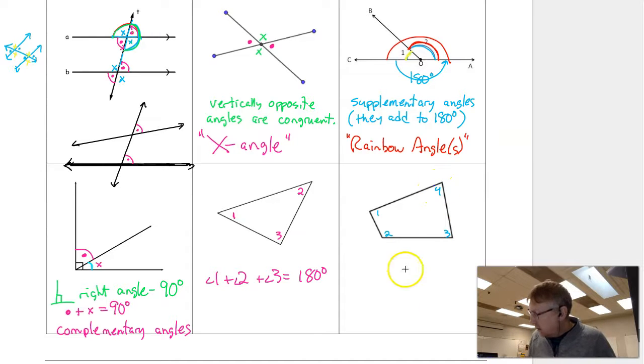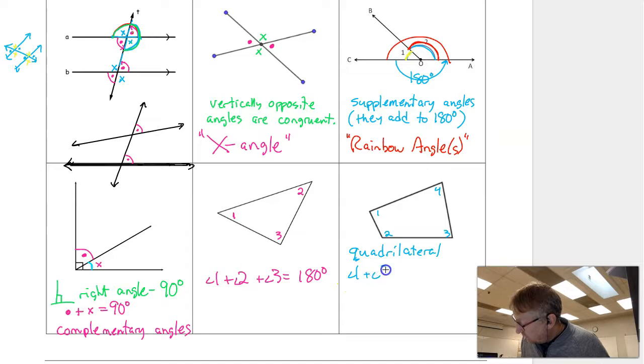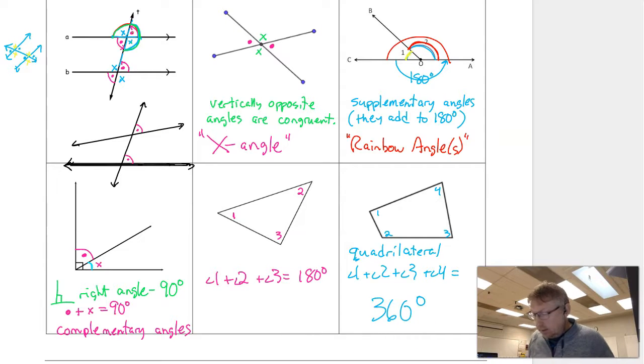Shocker, I know. What do the angles add up to in a four-sided shape? A quadrilateral. Quadrilateral is a four-sided shape. Angle 1 plus angle 2 plus angle 3 plus angle 4 totally makes a grand total of 360 degrees, not 180 anymore.